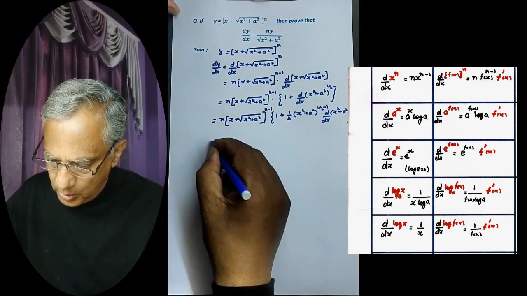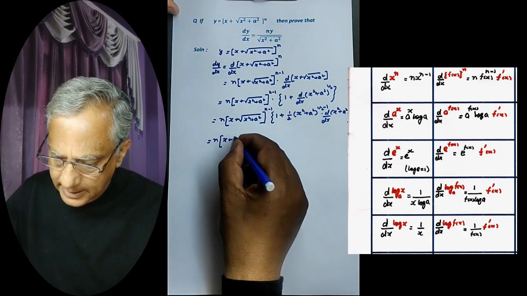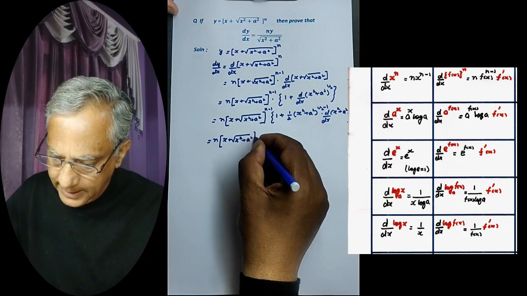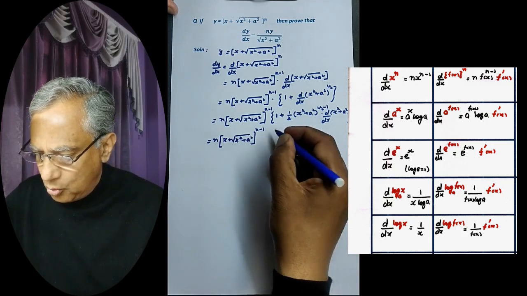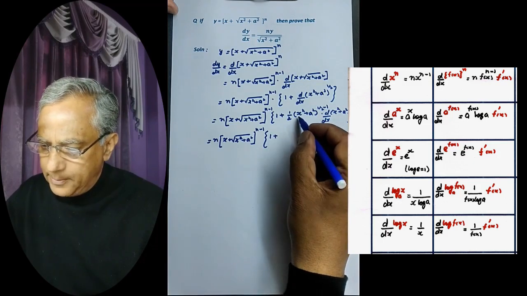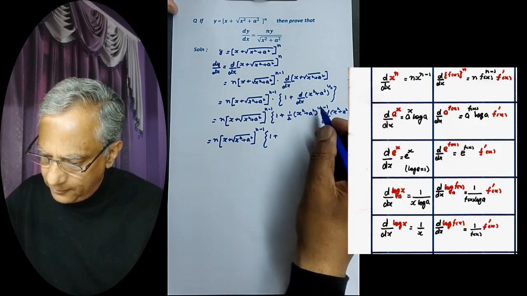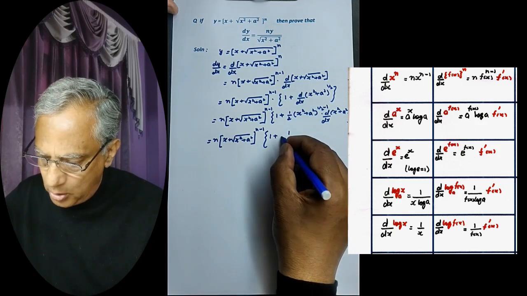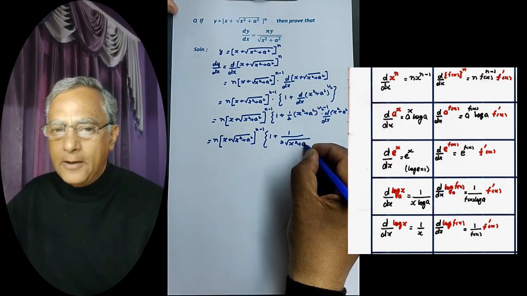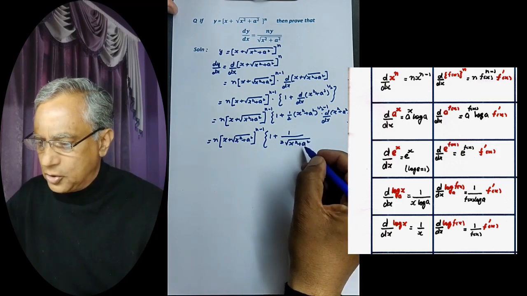This is equal to n (x + √(x² + a²))^(n−1) whole into 1 plus, now this is (x² + a²)^(1/2), and half minus 1 is minus half. So minus half will mean 1 by 2 under the root x² + a², into differentiation of this.